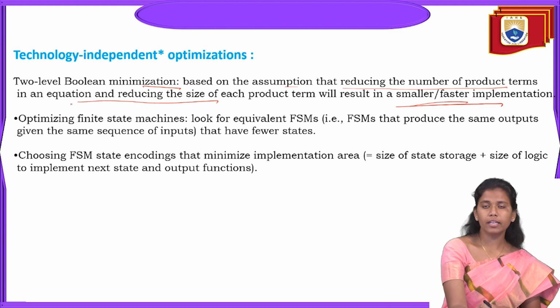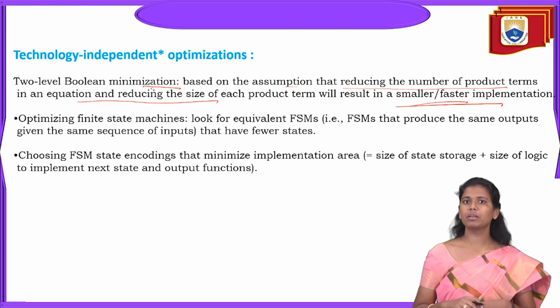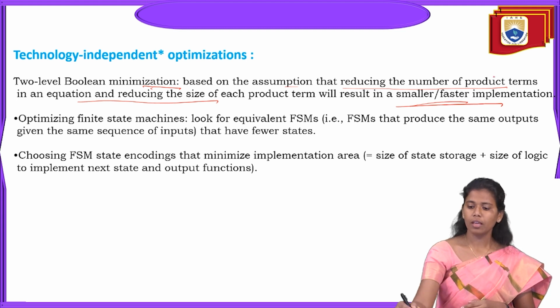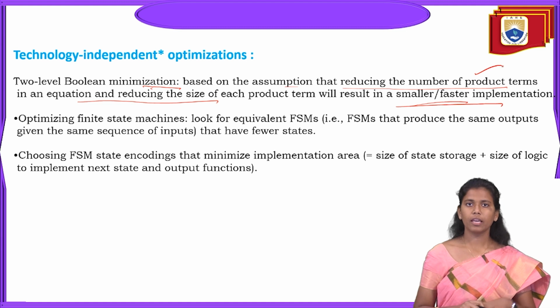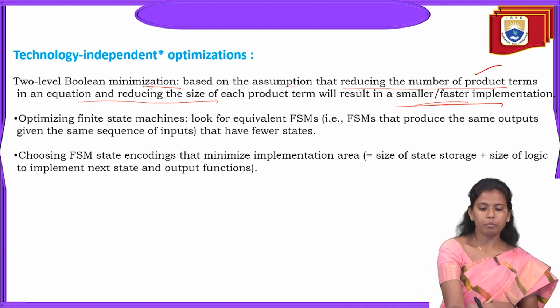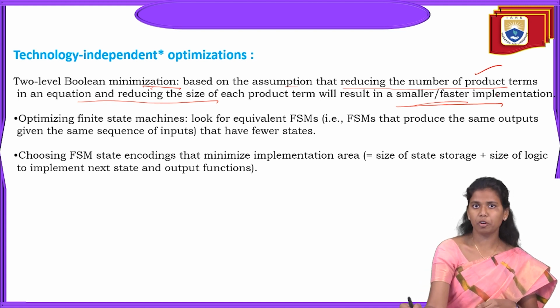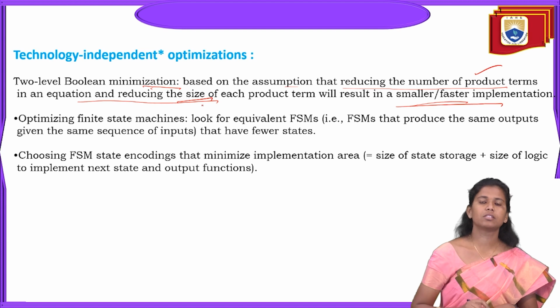Here he is saying two-level Boolean minimization. The name itself says that in the Boolean expressions, the min terms or the max terms, the product of sums or the sum of products, we can reduce the number of product terms. In the equation there is a possibility of minimizing the number of product terms and reducing the size.